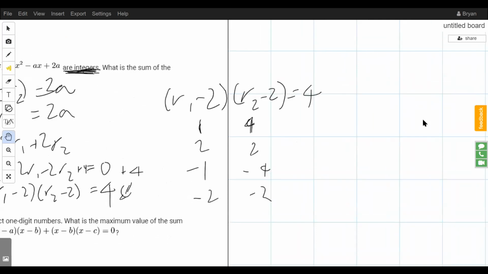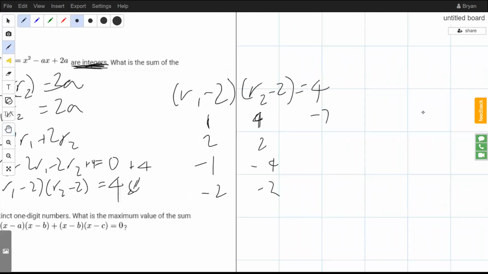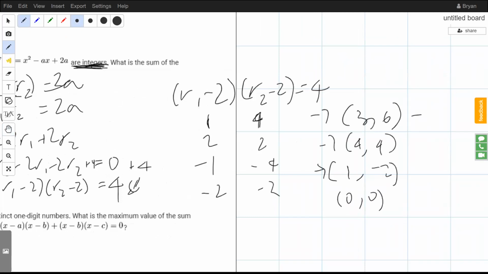Okay, so we can pretty easily solve these. This gives 3, 6, and here would be 4, 4. This is going to be 1, -2, and this is going to be 0, 0. So the sums are 9, 8, -1, and 0.